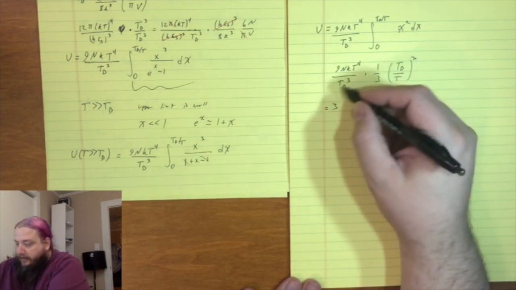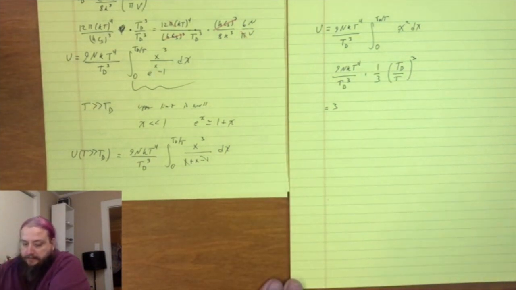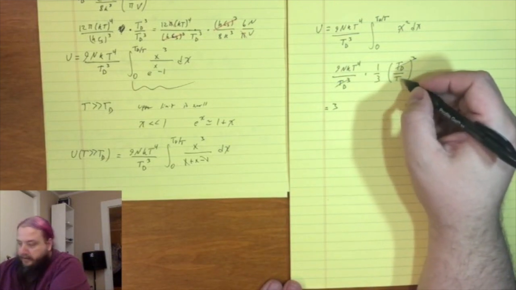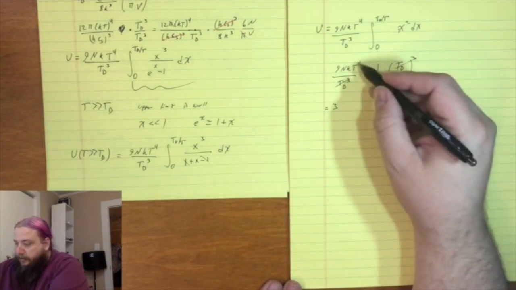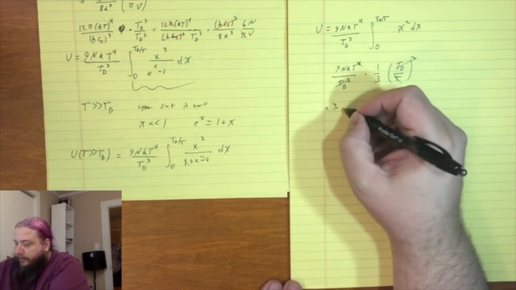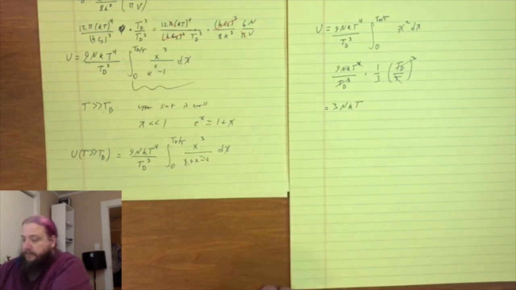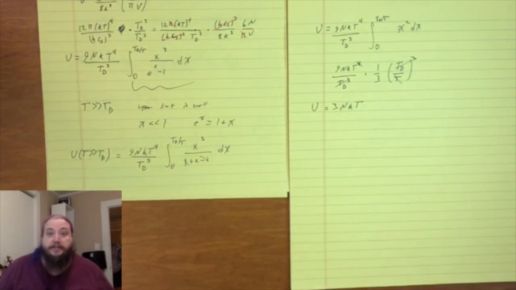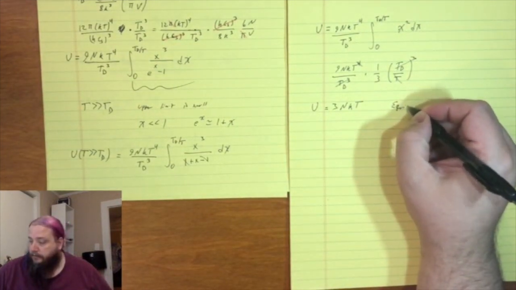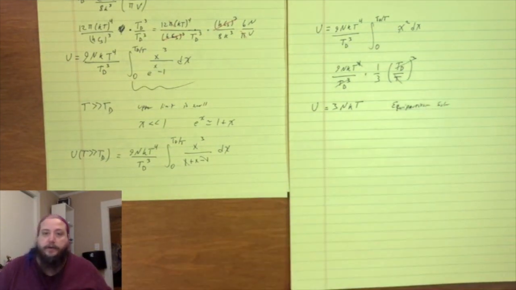The T_D cubed cancels with the T_D cubed, and the T cubed cancels all but one of the T to the 4th. And so we're left with 3nkT, which is in fact the equipartition solution that we got for the Einstein solid.